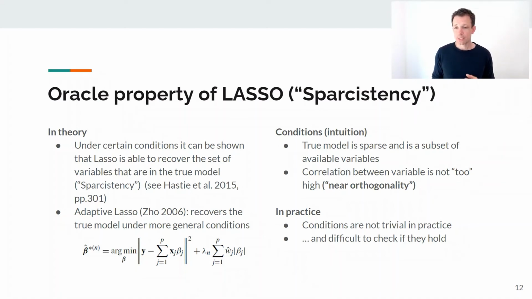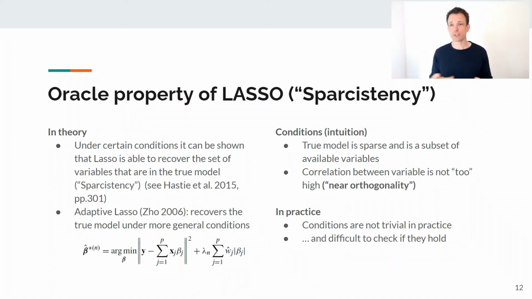And particularly this near orthogonality assumption is difficult if you are in the context where you have very many observations or very many variables that you would want to include in your model selection. Because in such a high dimensional context, it's very likely that your variables will be highly correlated. And that is a setting where you're usually operating, because you would want to use Lasso in settings with a very high number of variables.